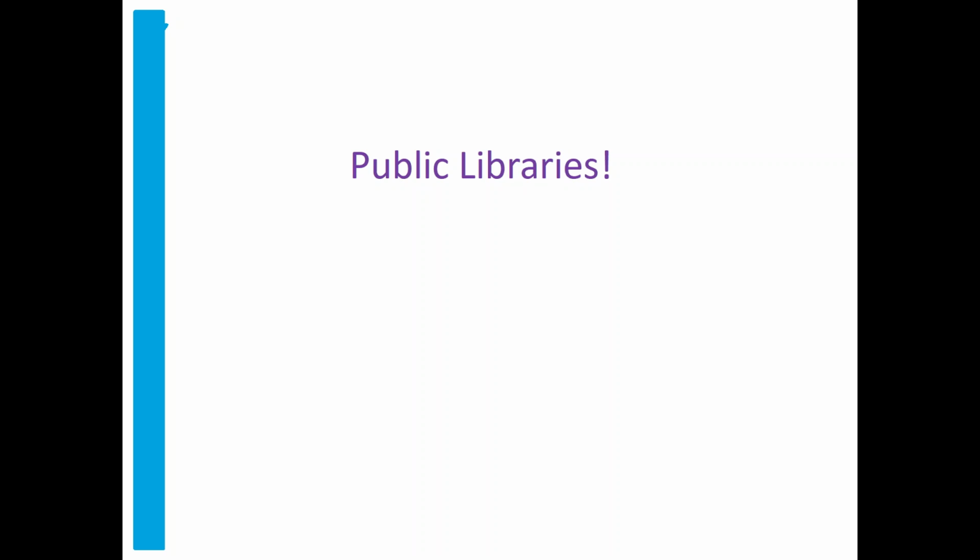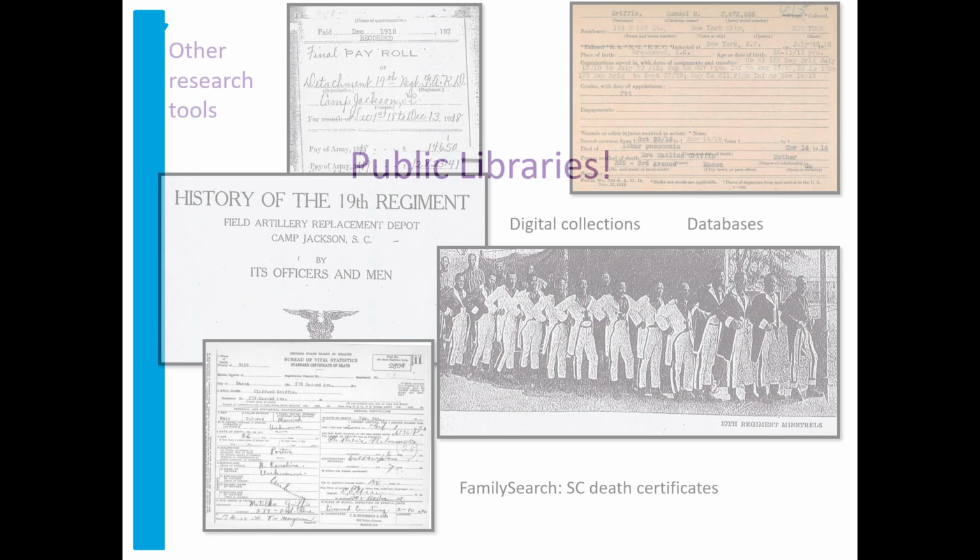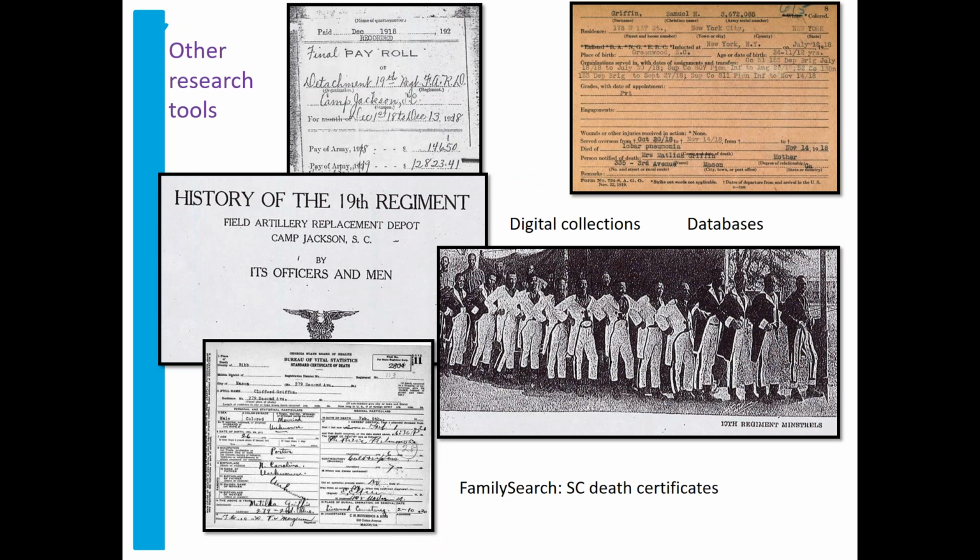Oh, public libraries. Okay. There's lots of information in public libraries through their digital collections. You might want to explore the Greenville digital collections, the Spartanburg, certainly ours. We all have digital collections that more and more are adding genealogical information.